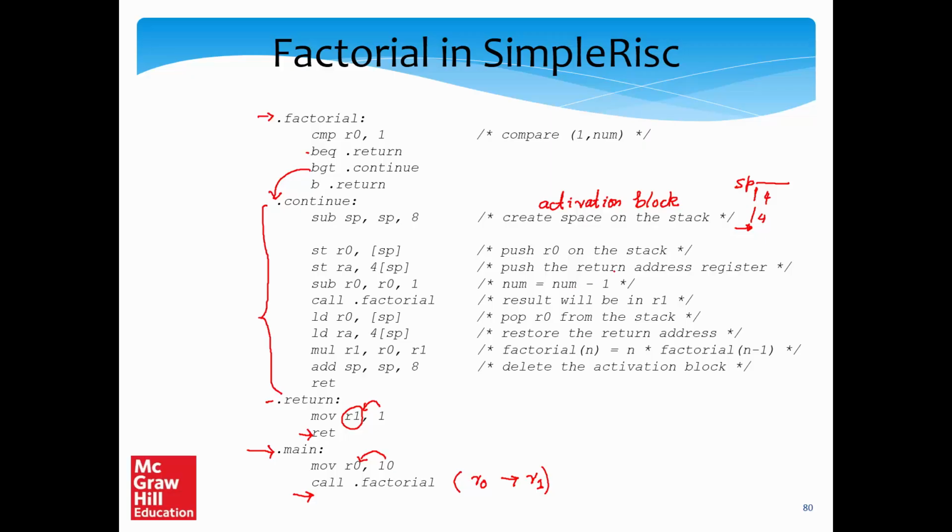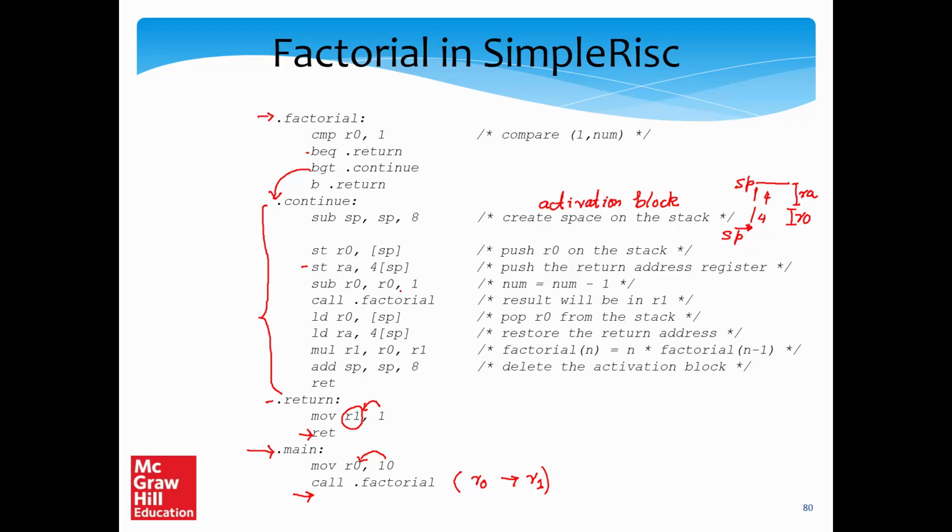So at the stack pointer, which is the new location of the stack pointer, the top 4 bytes, this location, we save R0, which is the argument, which is essentially what came from the function that called this function. So we save it over here. And in 4(sp), which is the next location, we save RA. We save the return address, because this also might get overwritten.